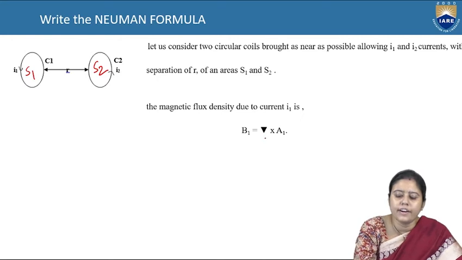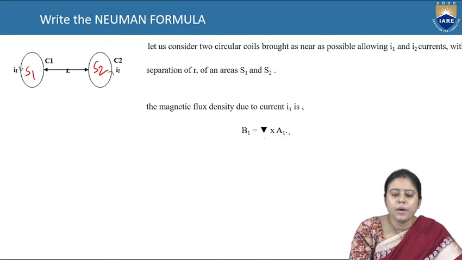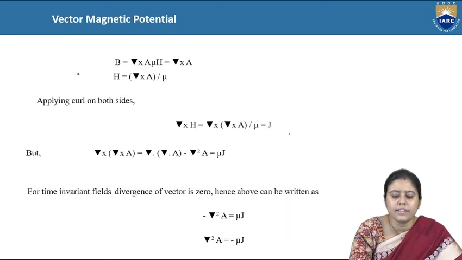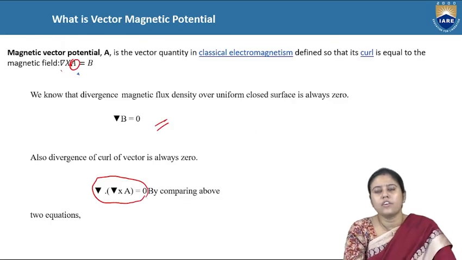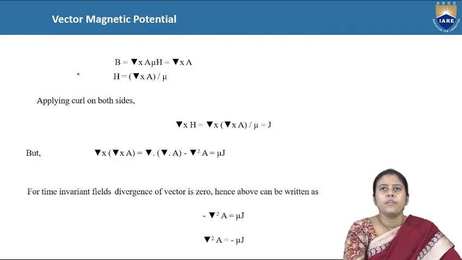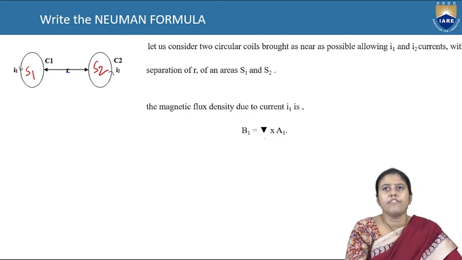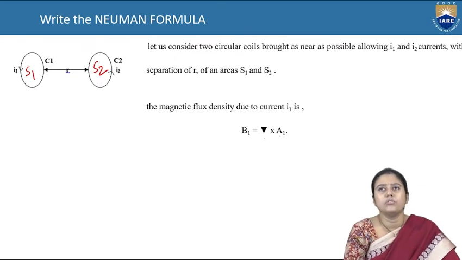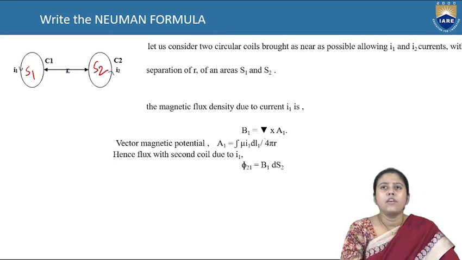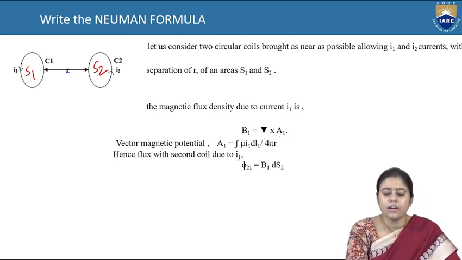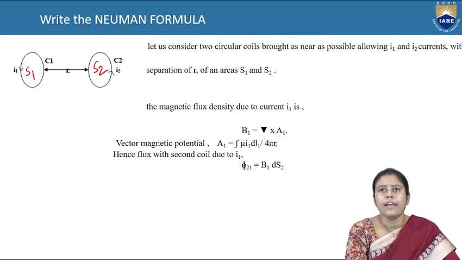We just discussed in the previous slide that grad cross A equals B, and we are using the same formula. B1 is equal to grad cross A1, where A1 is equal to the integration of mu I1 dl1 by 4 pi r. This is the potential value.